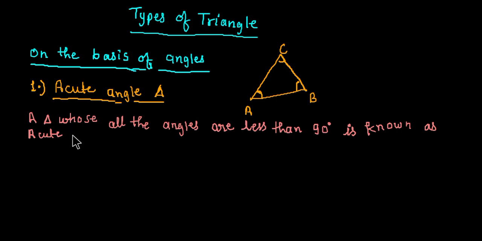Here we can see that all the angles of the triangle ABC are less than 90 degrees, so we can say that this triangle is an acute angle triangle.